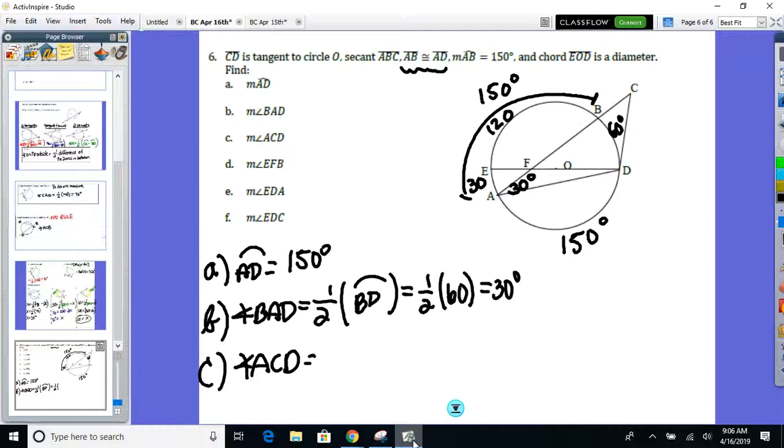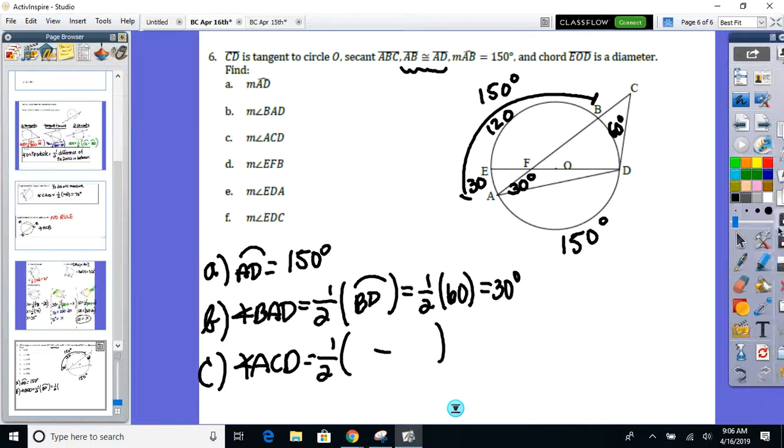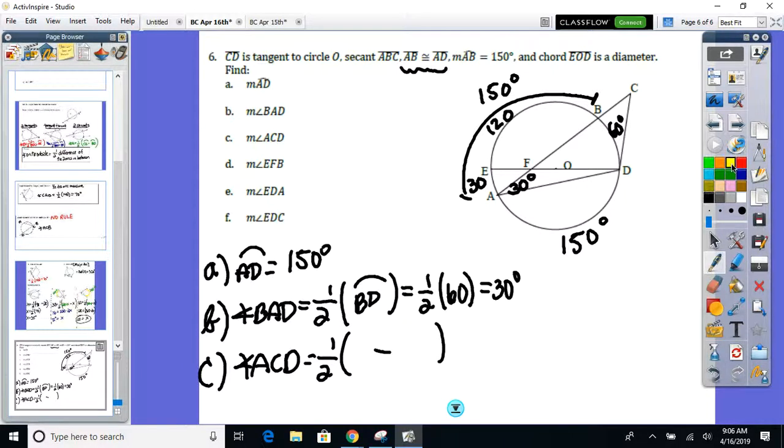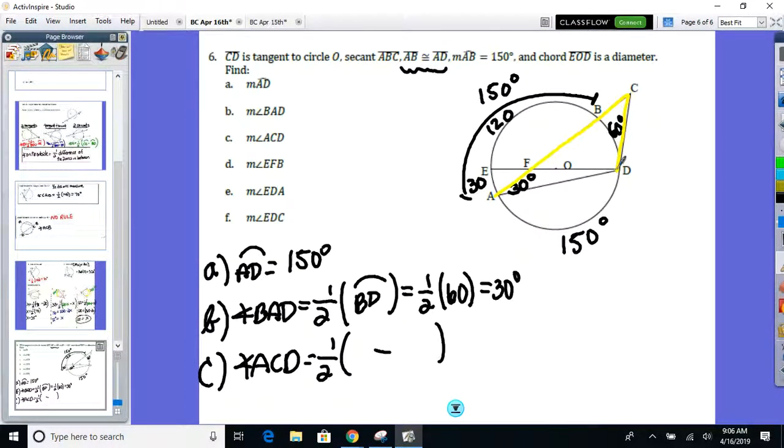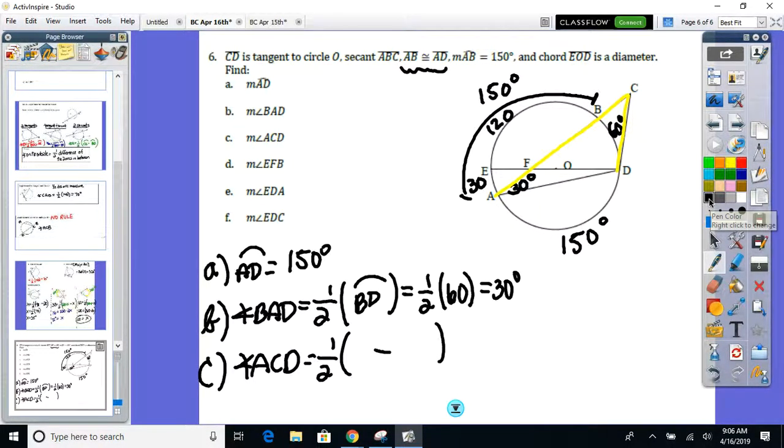Inside or outside? Okay, we know how to find it now. I take two arcs and do what with them? Subtract them. I just got to find the arcs. And then this may be helpful. Maybe a colored pencil or a highlighter comes into play to find the arcs. Trace angle ACD out and see which arcs are in the middle. All right, name the degree measures of the two arcs in the middle.